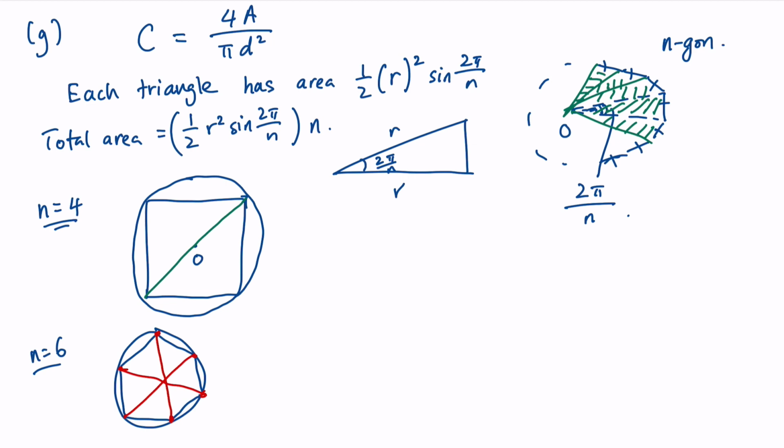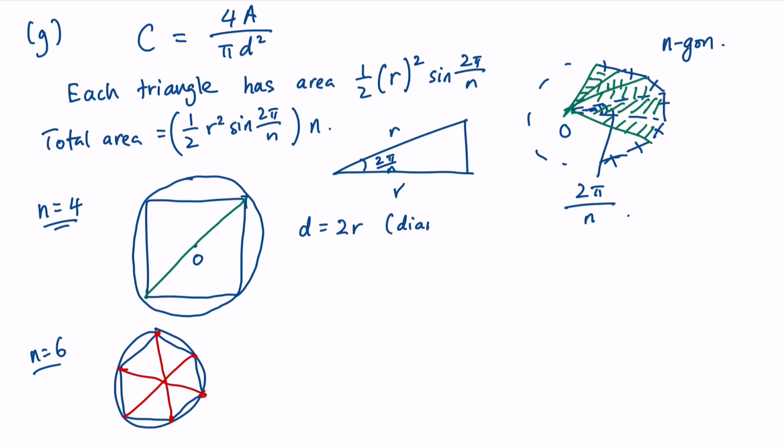Alright, let's do another one. Let's say n equals 8. So we have an octagon now. So this will be 1. For this case, d will be 2r, the diameter.